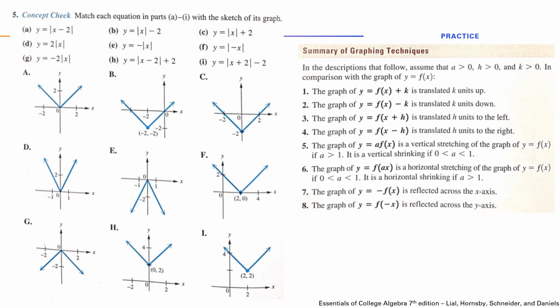So for this question, the parent function f of x equals absolute value of x. We have a minus 2 inside of the function, so move to the right 2 units, so that should be F. Now B, minus 2 outside, so it will go down 2 units.